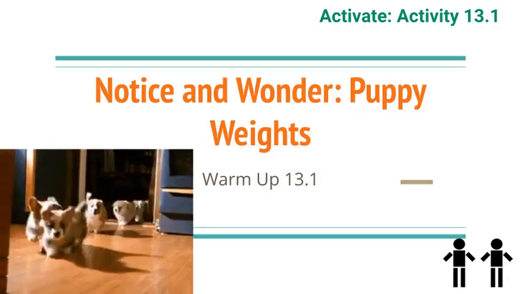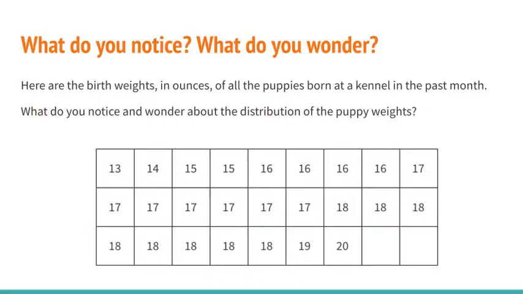Let's do a little warm up here. Okay, so here we have the birth weights in ounces of some puppies born in a kennel. And they're obviously in order. What do you notice? Yeah, we have 13 is the smallest, 20 is the largest.